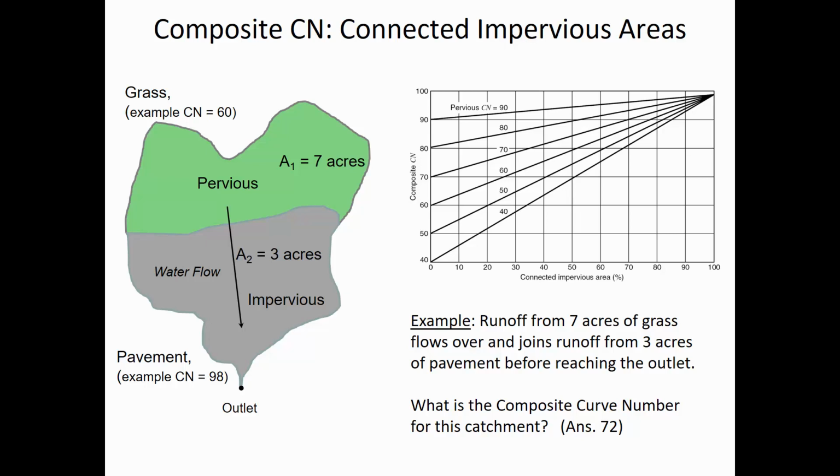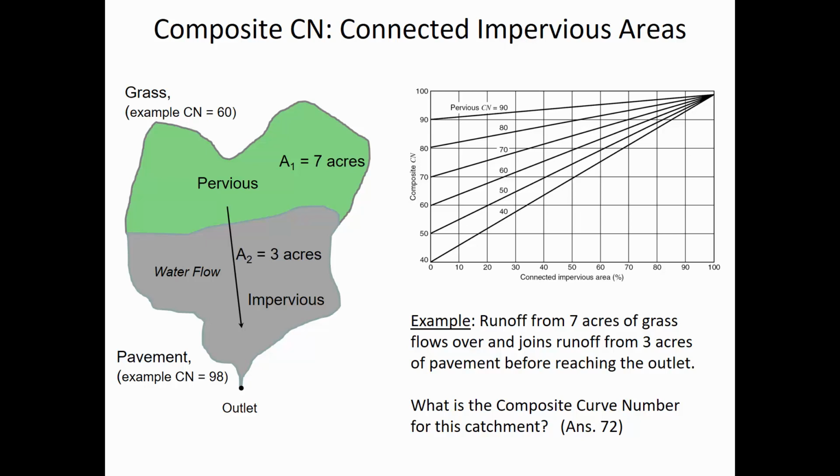And so the way that we could use this nomograph, if we wanted to use that approach instead, is that the pervious area has a curve number of 60. And so we start with the pervious CN curve of 60. So they're saying, okay, we've got this curve of 60, and that pervious represents a certain percentage of the area.